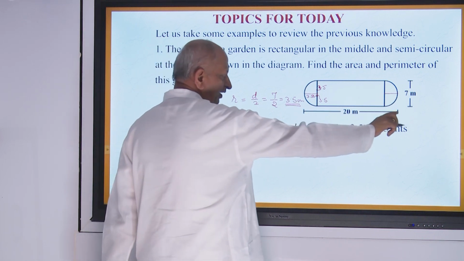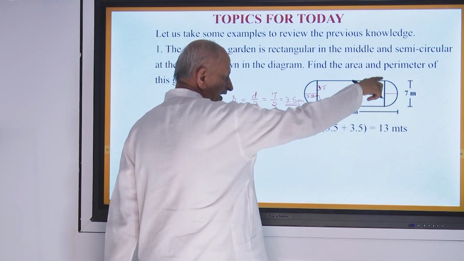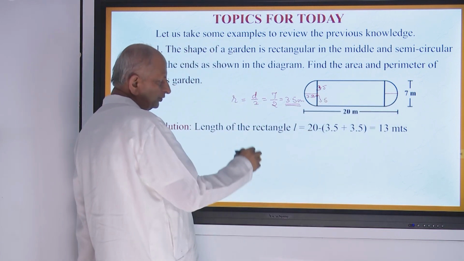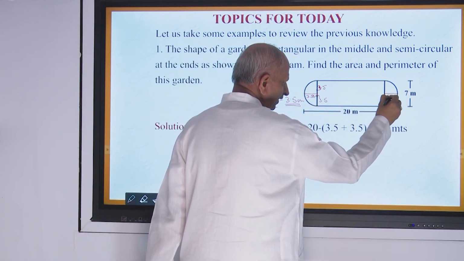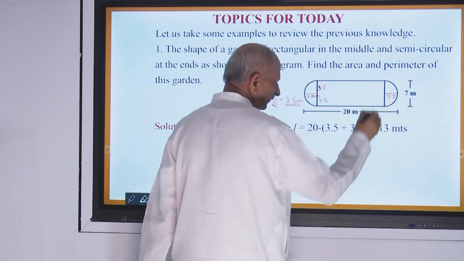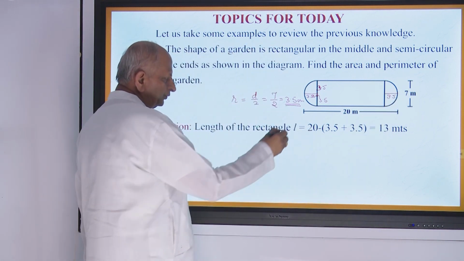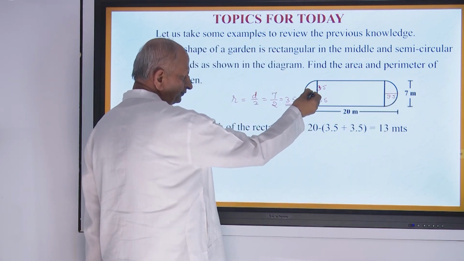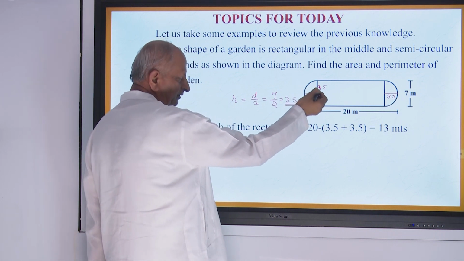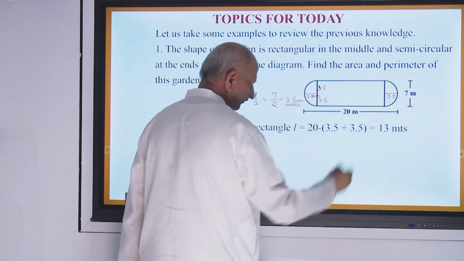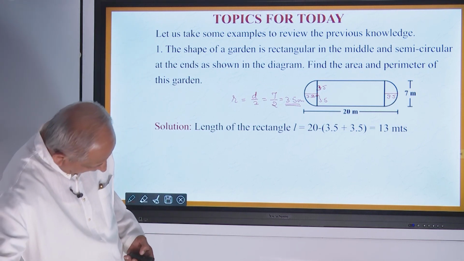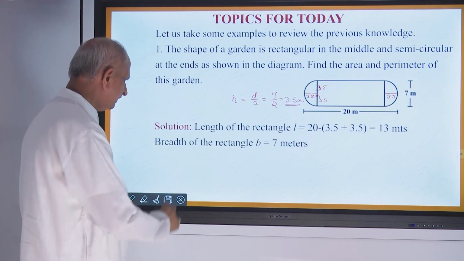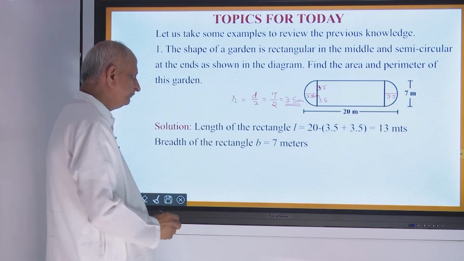Total length of the garden is 20, breadth of the garden is 7. So you have to subtract. Here also the radius is equal to 3.5. So 20 minus this radius and this radius. That is how we got the length. Coming to the breadth, the breadth is already given, 7 meters.